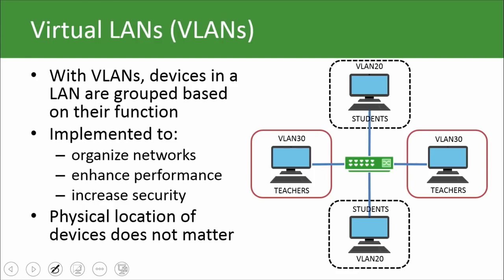So I've tagged any data that comes from the VLAN 30 teacher computers with just a little bit of information, a little bit of data that says, hey, these computers can communicate with each other as if they are on the same physical network. If VLAN 20 tries to communicate directly with VLAN 30, if those devices try to communicate with their counterpart devices, then it's going to be treated as if they're on a separate network entirely, right? So do keep that in mind.